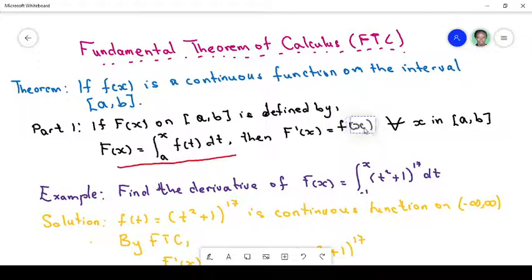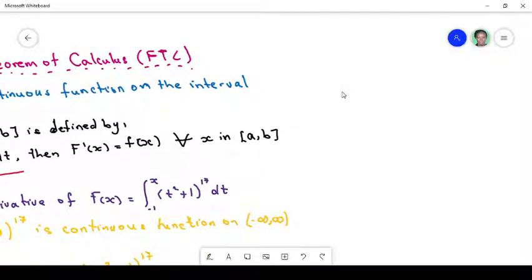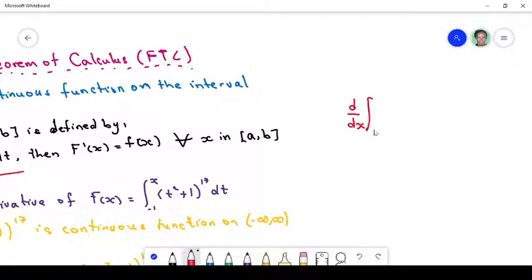This implies that the derivative d/dx of the integral from a to x of f of t dt is equal to f of x. This is what it means.